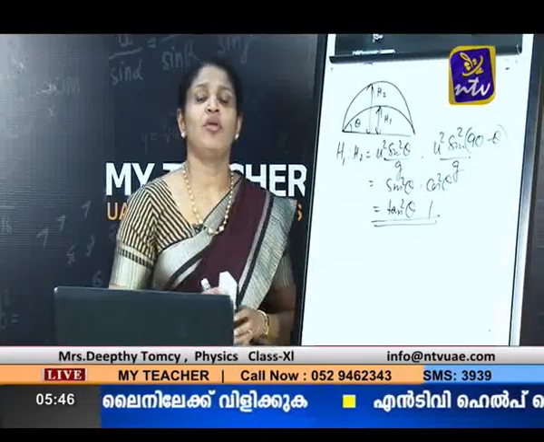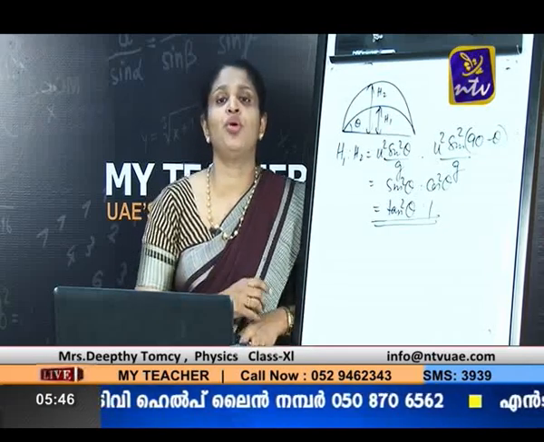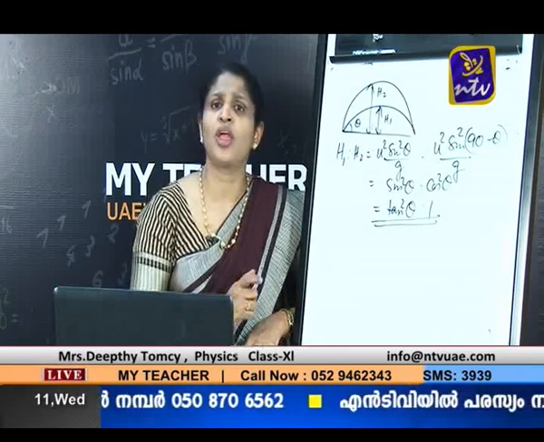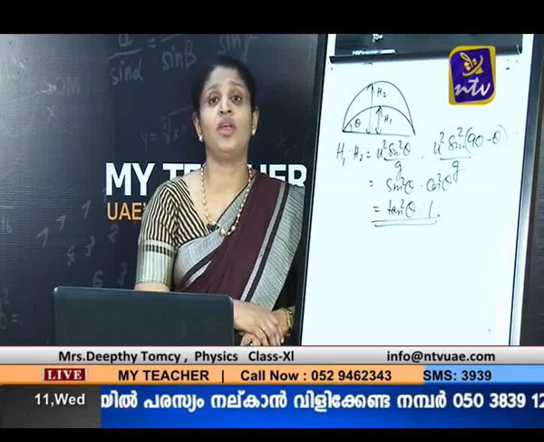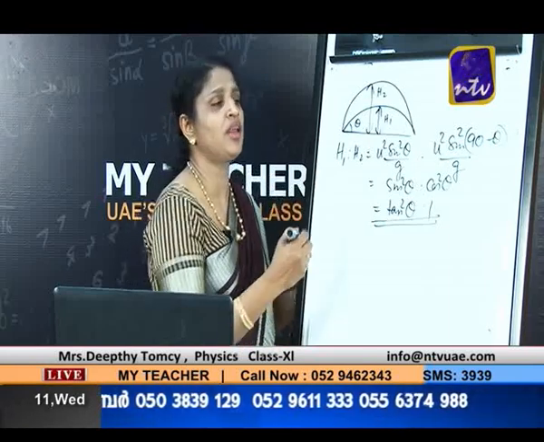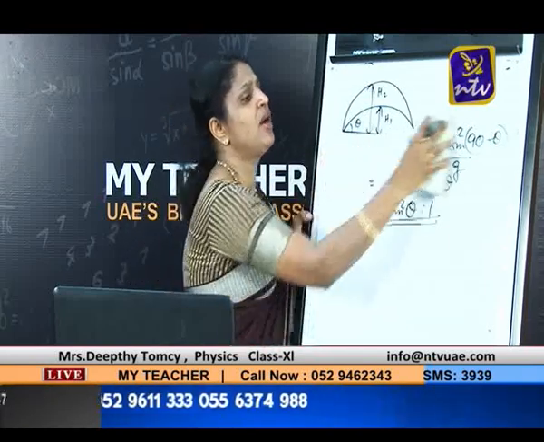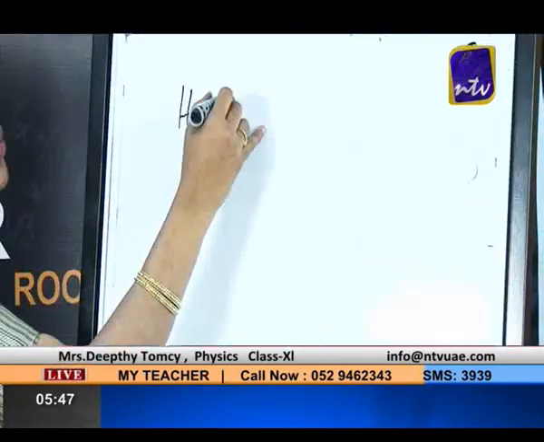So thus when a projectile covers the same range for two different angles of projection, we can find the ratio of the time of flight and the ratio of the heights covered by them. And in this same condition you can see what happens when you add the heights covered by them, h1 plus h2.